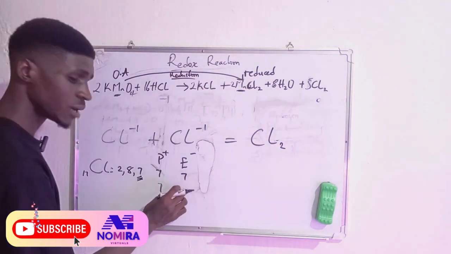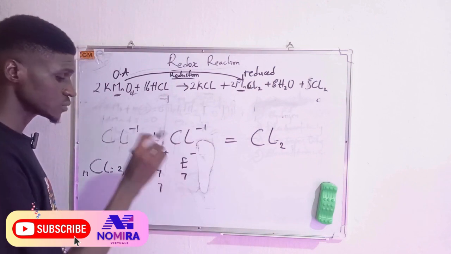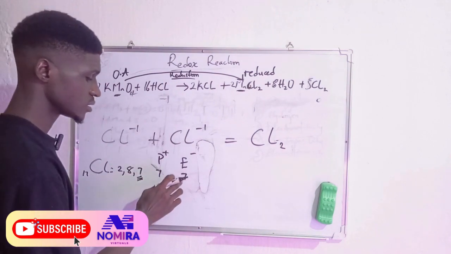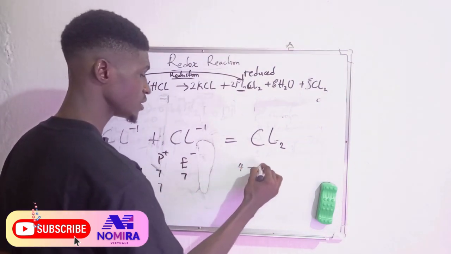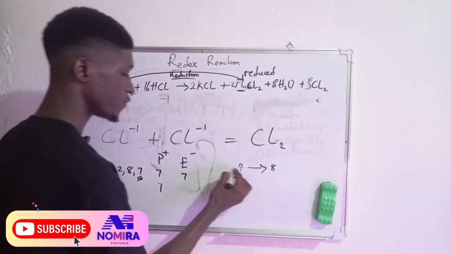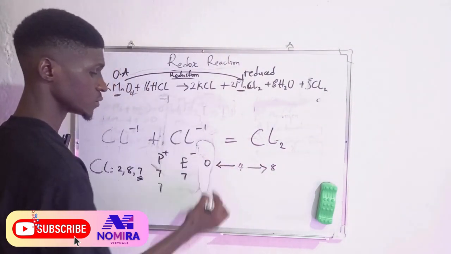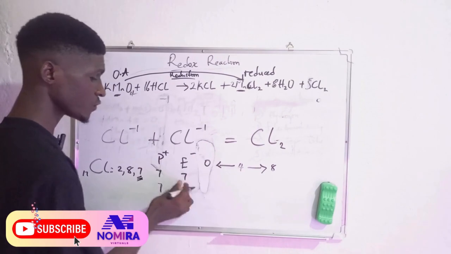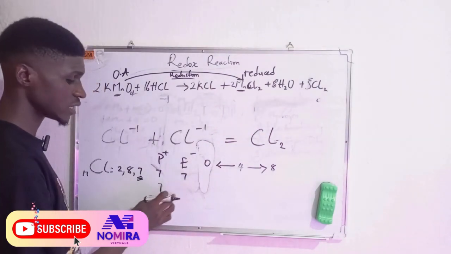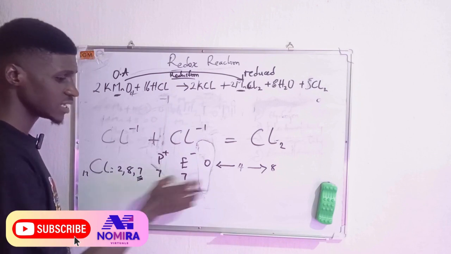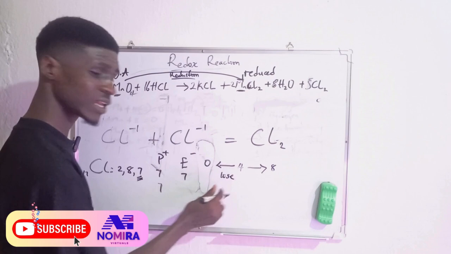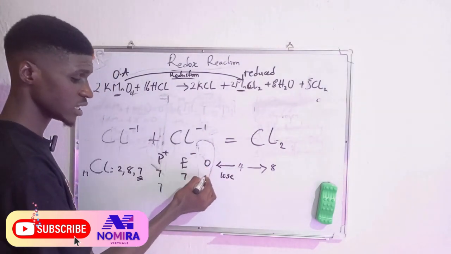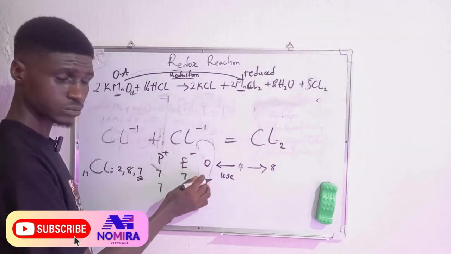But something will happen about this electron, in which case 7 is bigger than what? 4. So if you are solving this and the particular valence electron that you are looking at is less than 4, it means that you will lose all those valence electrons and give it 8 and give it 0.